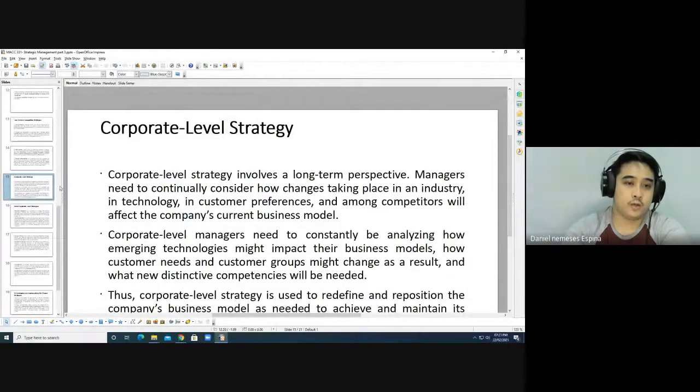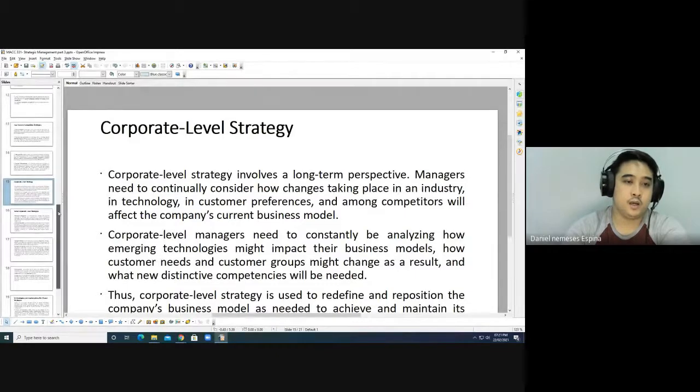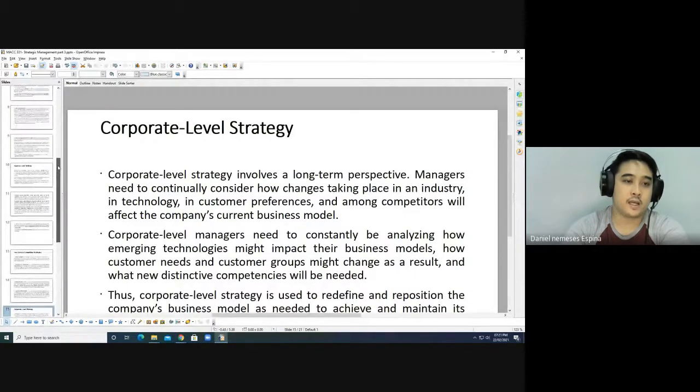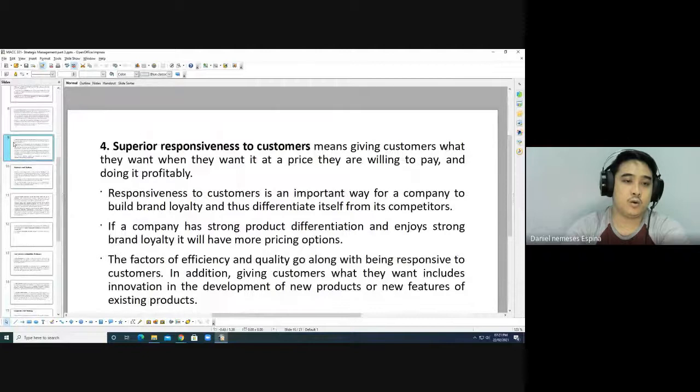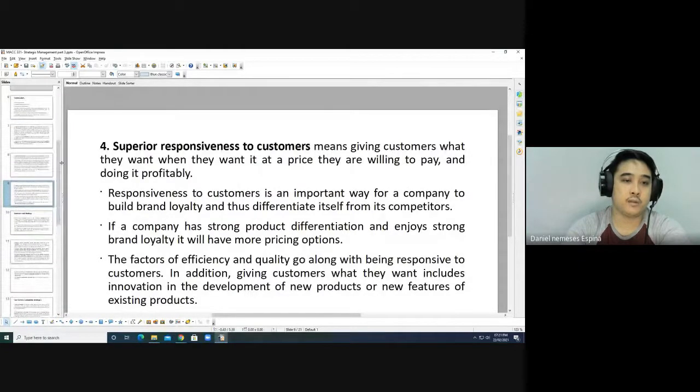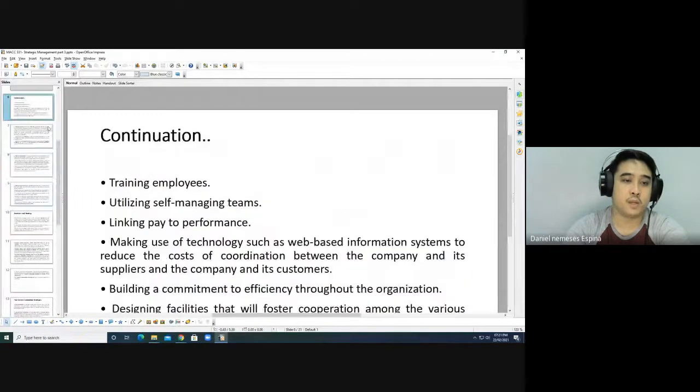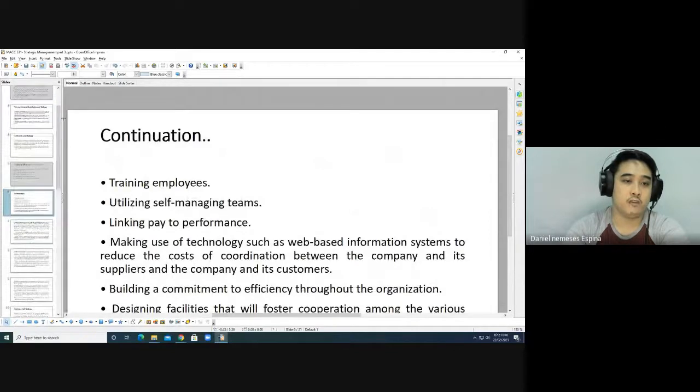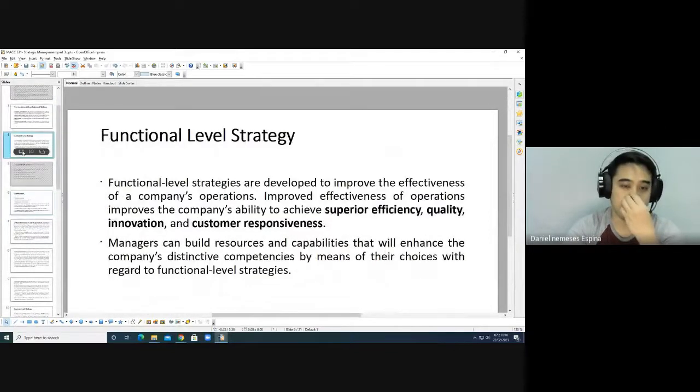Okay, so although we discussed the different strategies, they're actually not independent from each other. They must complement each other. So if you are doing cost leadership, it should have an effect on your functional level strategies, such as superior efficiency, or it should also have an impact on your corporate level strategies.